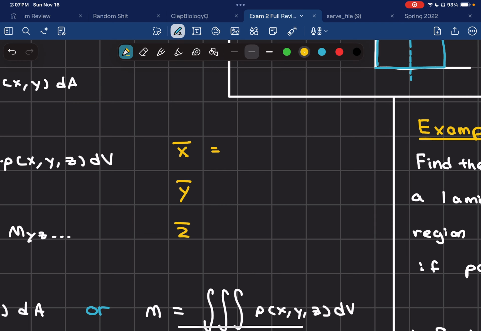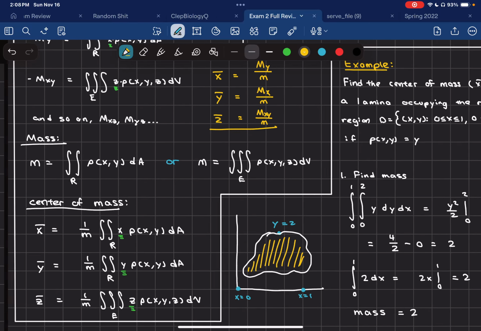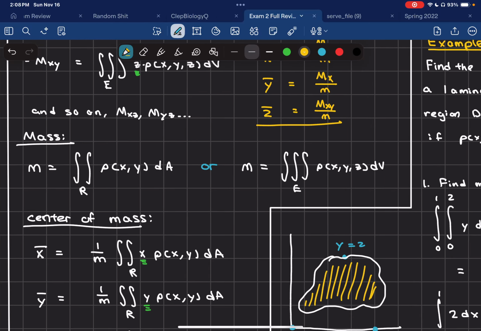X bar will be equal to My over m, just like y bar will be equal to Mx over m, and z bar will be equal to Mxy over m. But z bar is for the triple mass calculations. And then your simple mass calculation is just a double integral or a triple integral over your density.